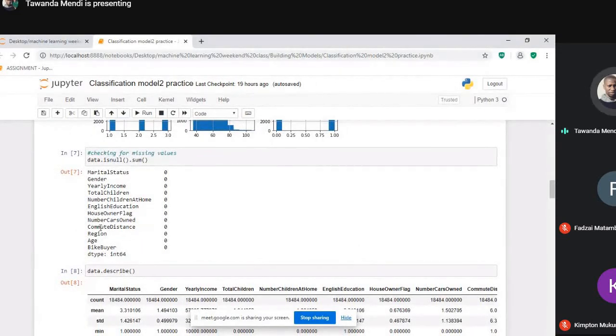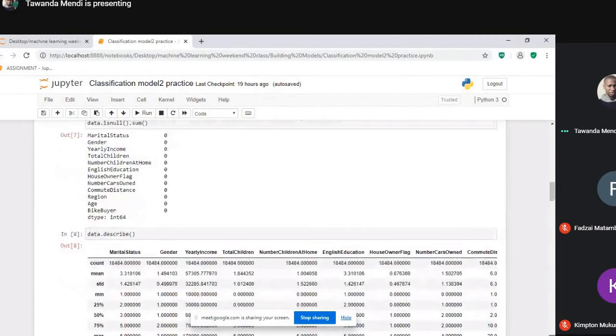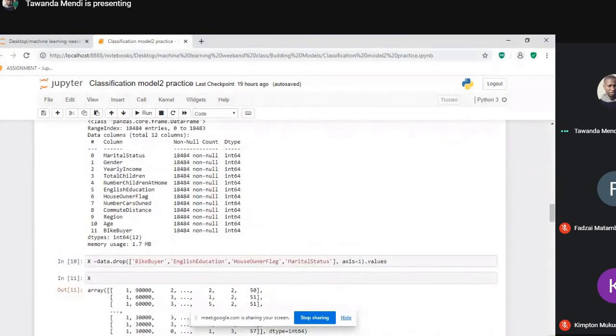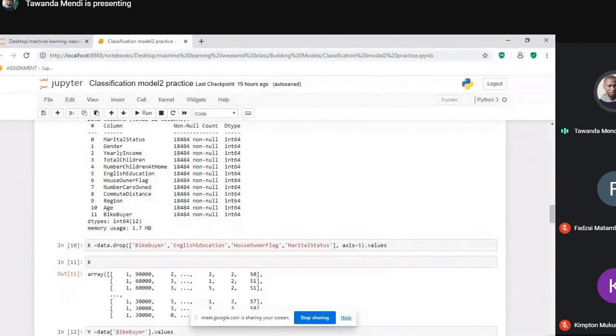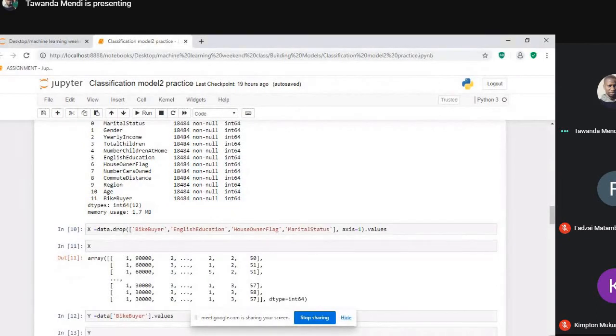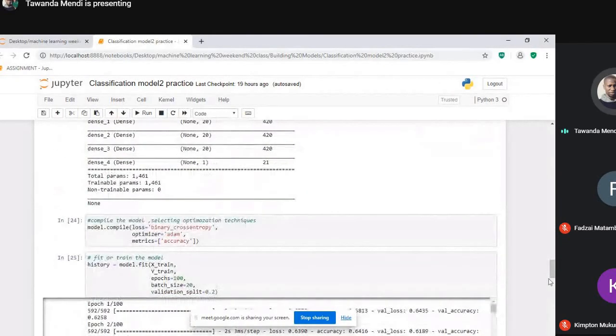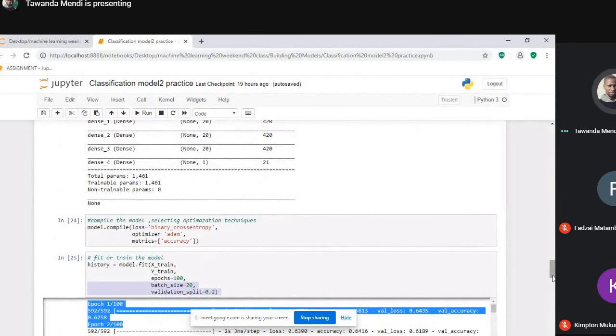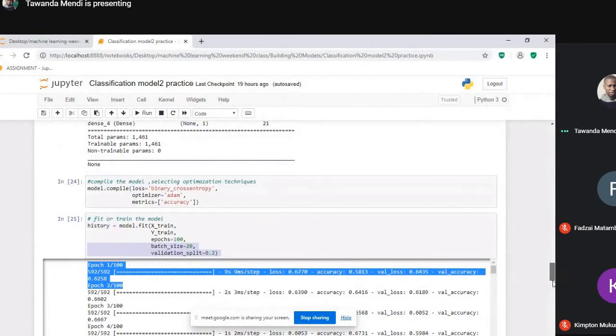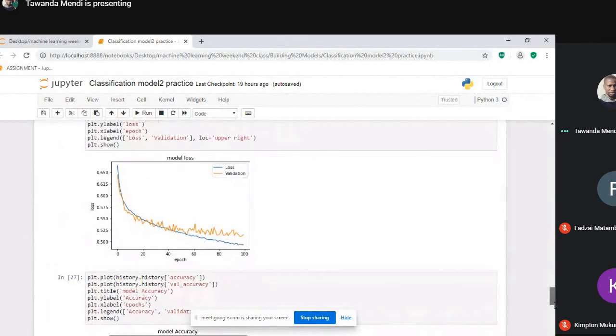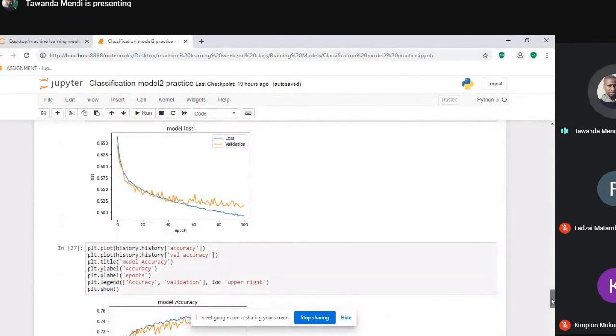So I have to drop the English education, the house owner, and also the marital status. Then you understand my graphs saw no change. Then the graphs came up like this.